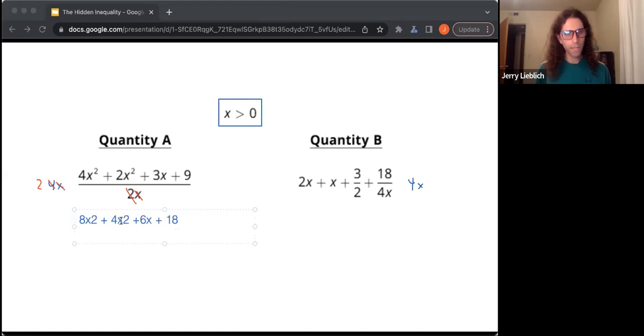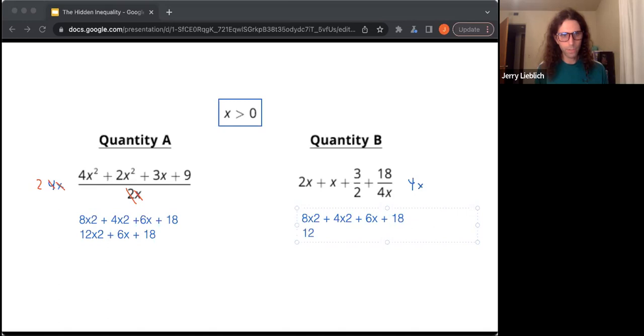And then I'm going to combine these x squared, so 12x squared plus 6x plus 18. Over here, this gets multiplied by 4x, so it's 8x squared, next one by 4x, 4x squared, next one by 2x. So 6x plus 18.